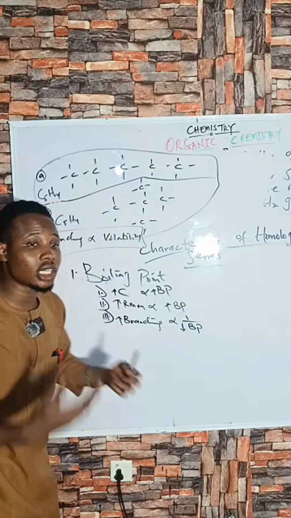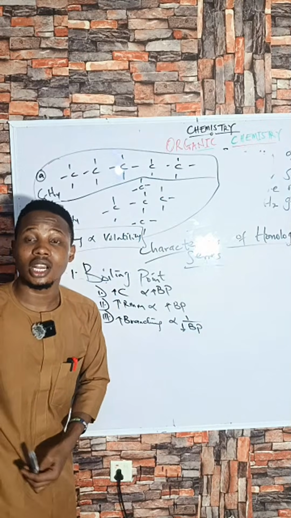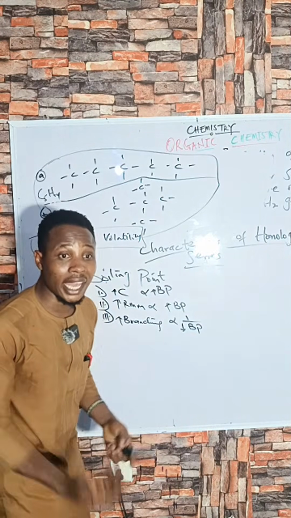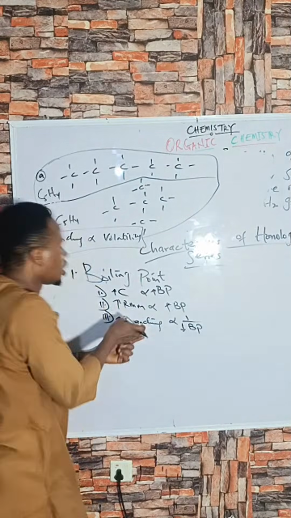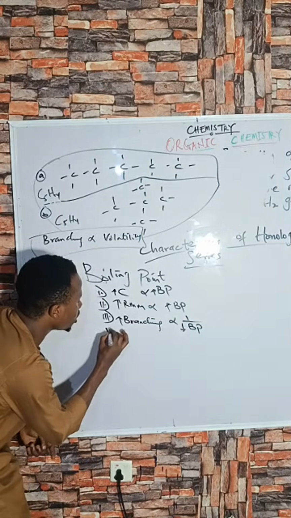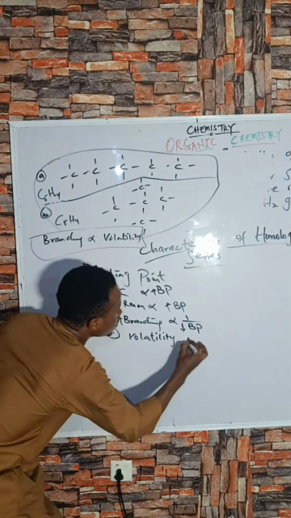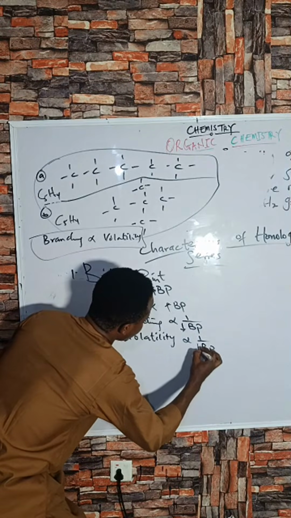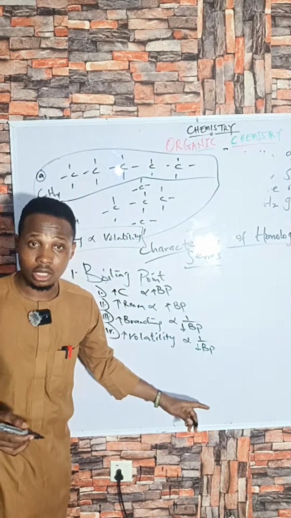We usually say that the friend of my friend is my friend, and the enemy of my friend is also my enemy. By virtue of that, if branching is inverse to boiling point but is a friend of volatility, that means volatility will also be inversely proportional to boiling point. So more volatility, less boiling point. Do you get it now?